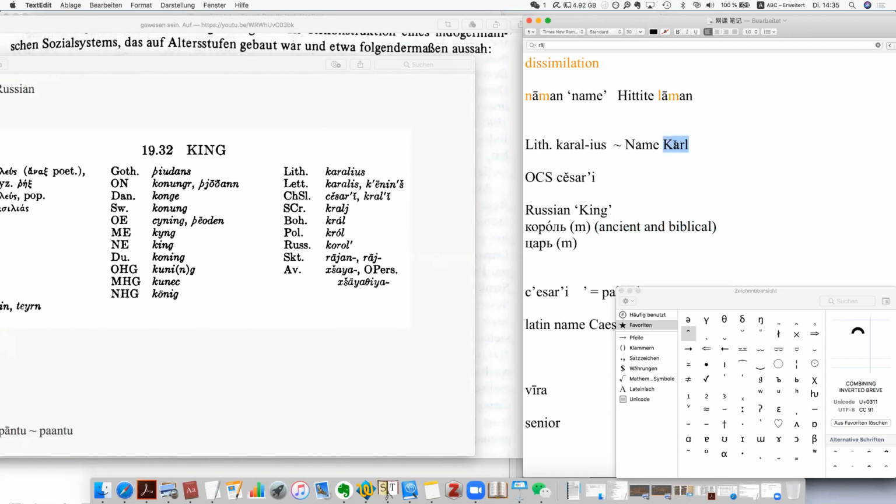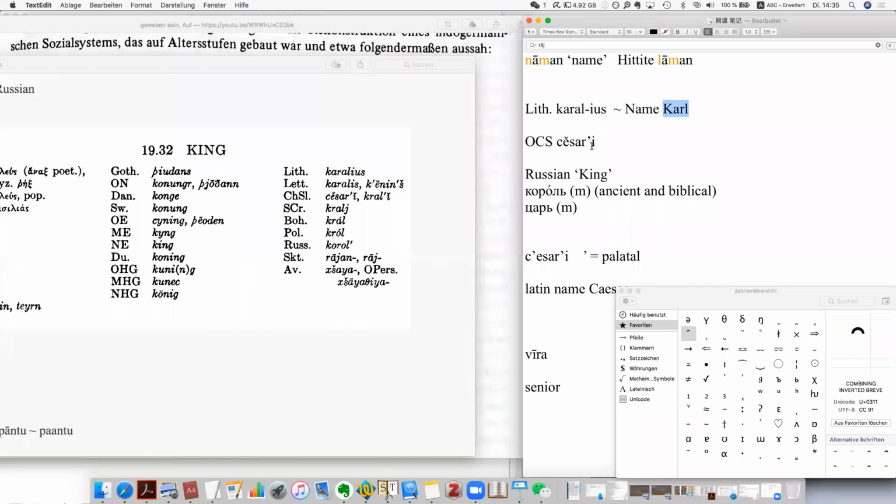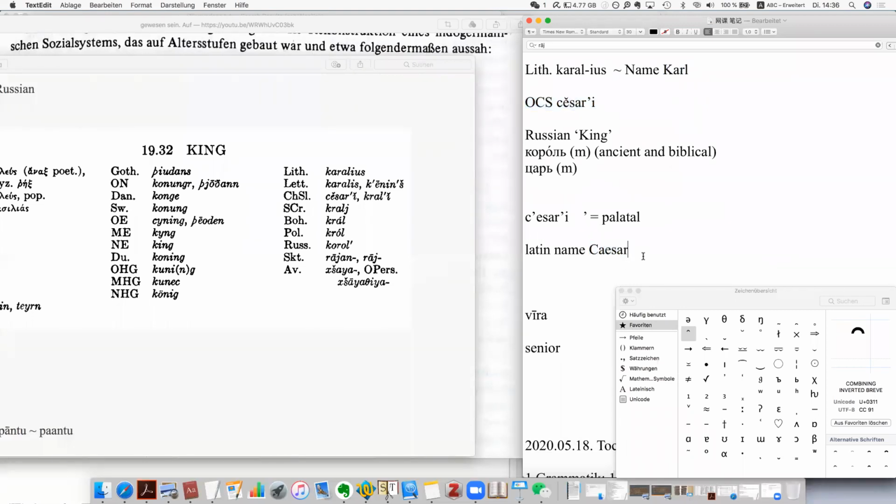So this Karl and also Kesar, Karalius, or the Russian word Korol, they both come from a personal name. It's a Germanic name, like Karl Marx. Yeah, it's a very frequent Germanic name. And then the second version, the Tsar, and the Old Church Slavonic Kesar, comes from the Latin word for Kaiser. Yeah. So this is actually the etymology.